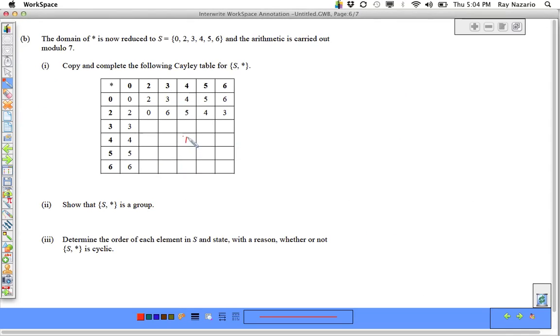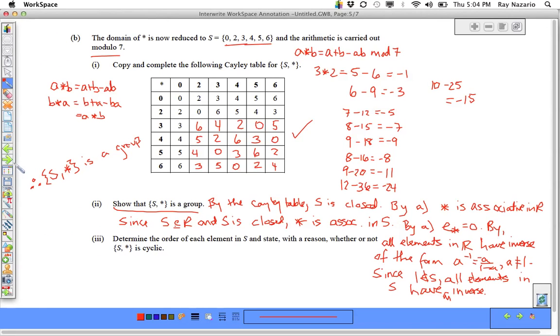Alright, so 3, 0. This will be 6, 5, 5, 5, 6, 4, 3. Okay, so let me get the other elements.